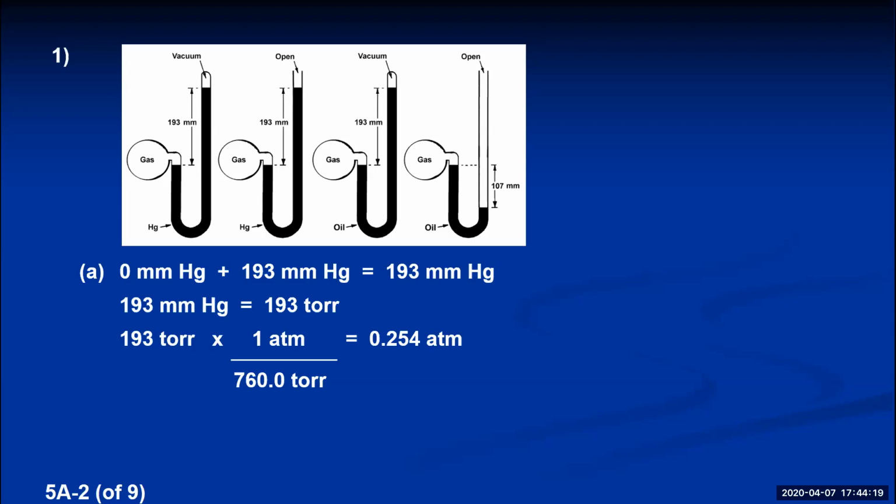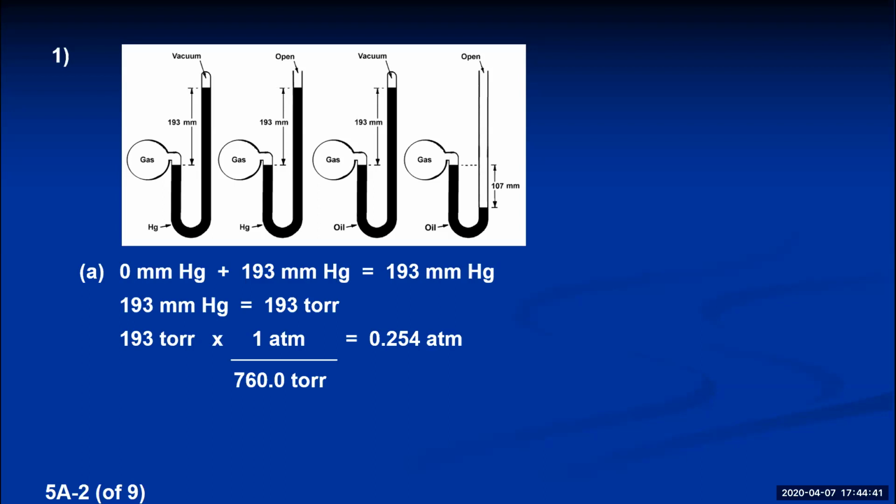If you want the pressure in pascals, you'll need an equality statement concerning pascals. We had learned that standard pressure is defined as either 1 atmosphere, 760 torr, 760 millimeters of mercury, or 101,325 pascals. Any two of those can be set equal to each other.